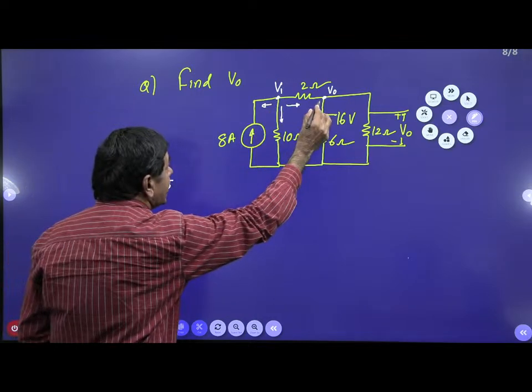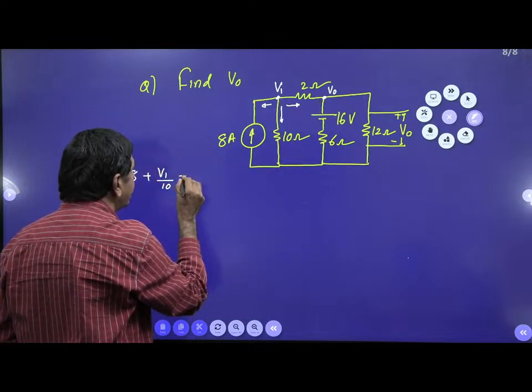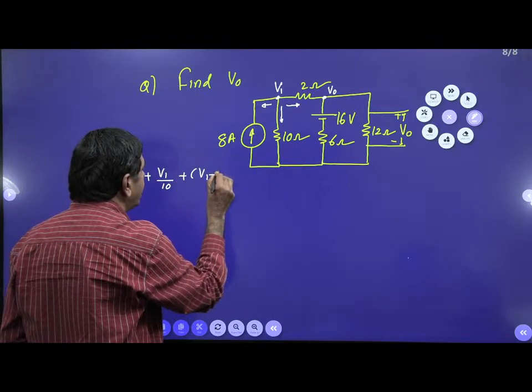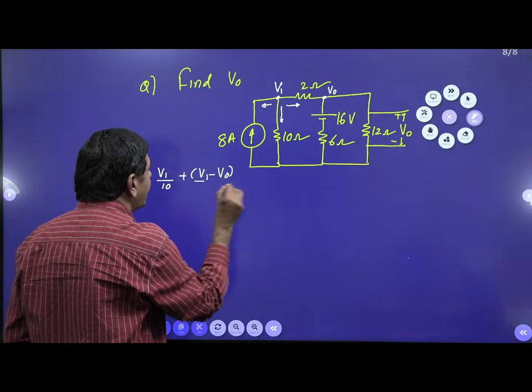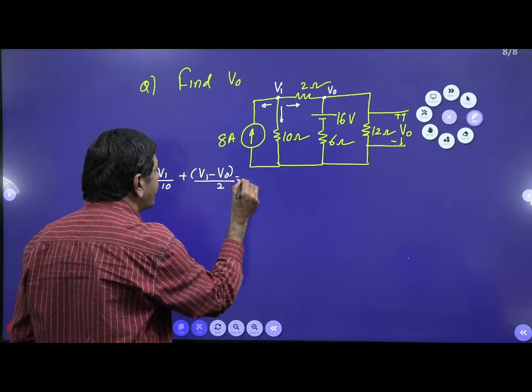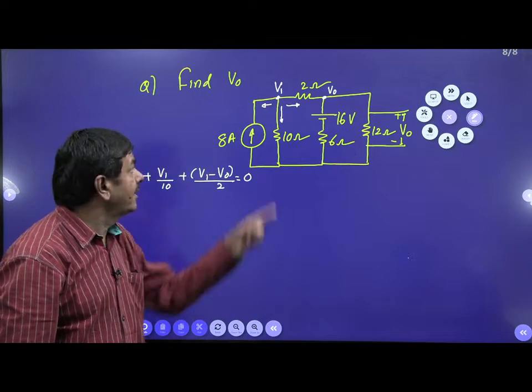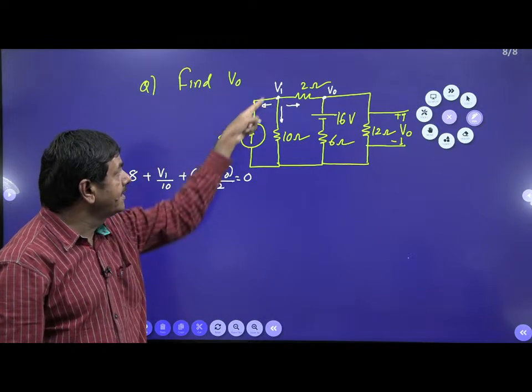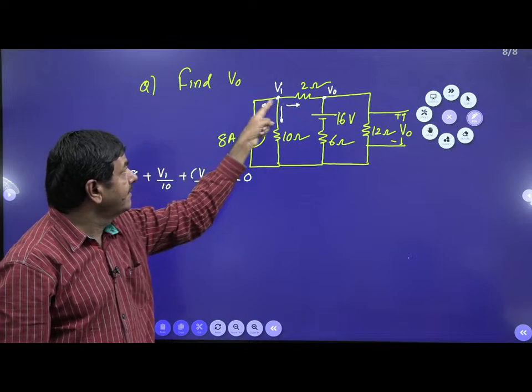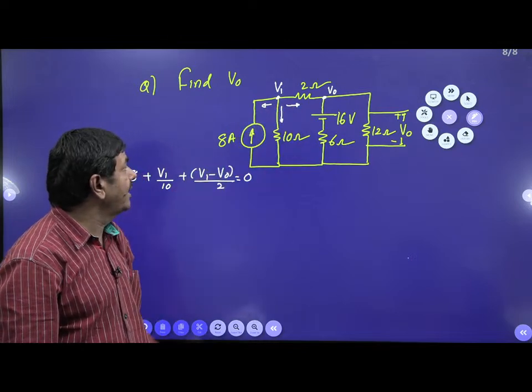What about this current? V1 minus V naught divided by 2. Summation of all the currents equal to 0. You catch my point. This current is minus 8, V1 by 10, and V1 minus V naught by 2 I have taken here.